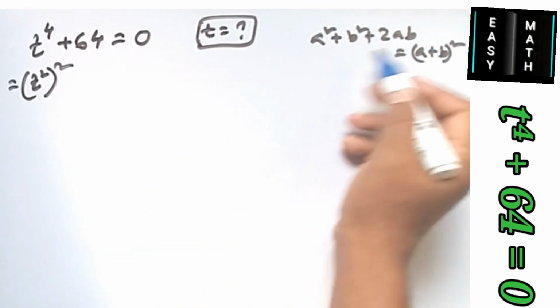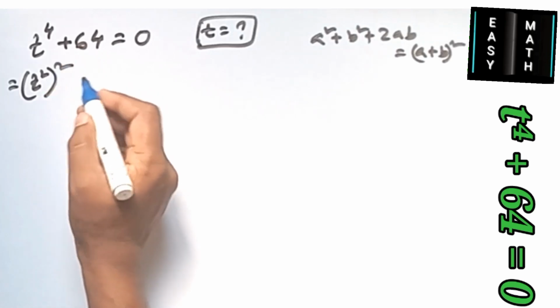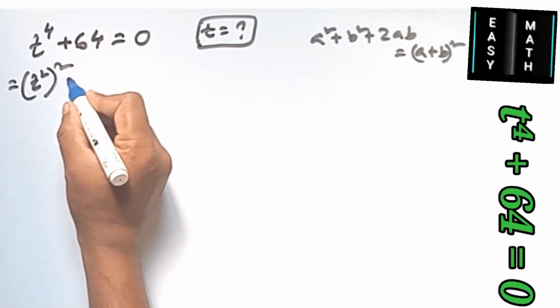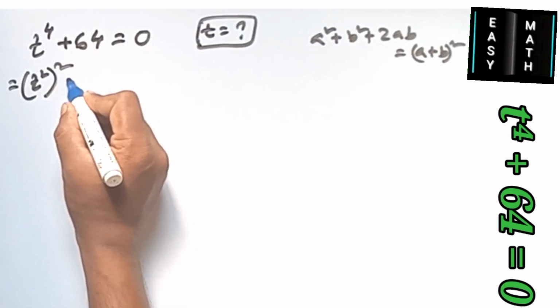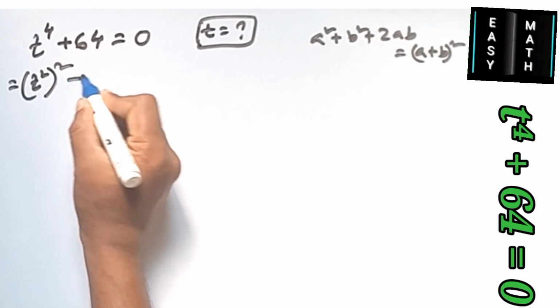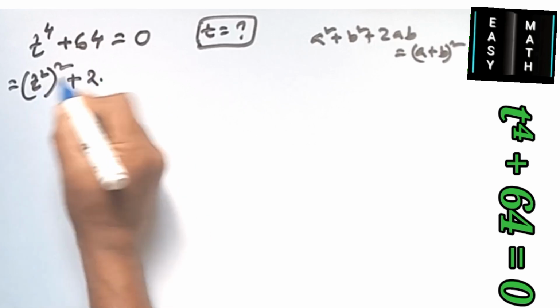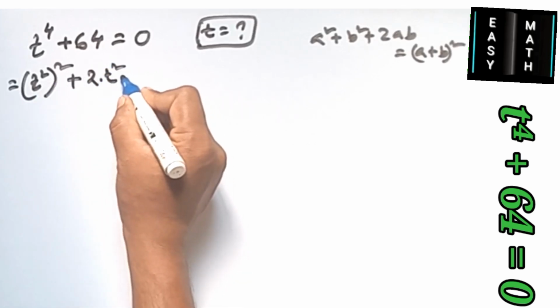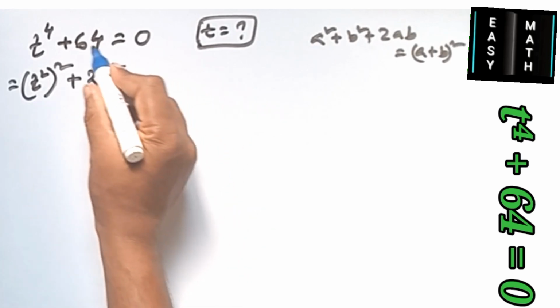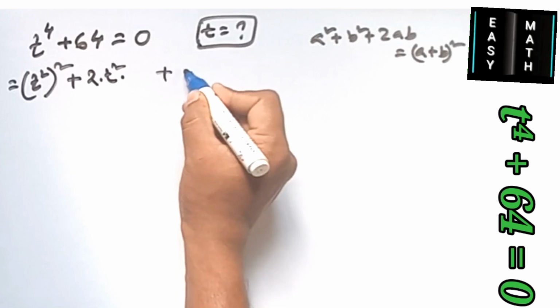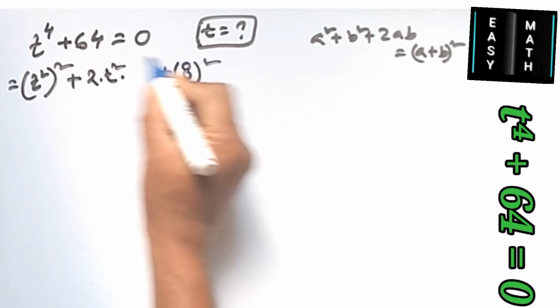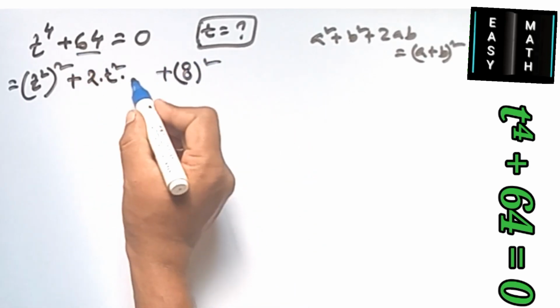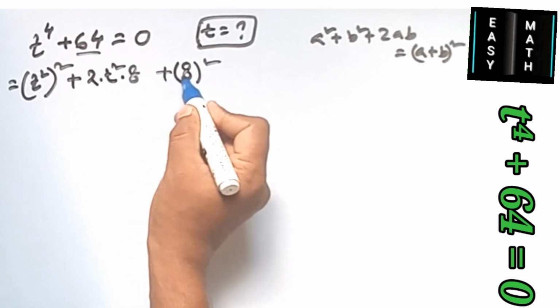So plus 2ab, sorry. So we can make this t square, and this is the 8 square, so this is the 8.